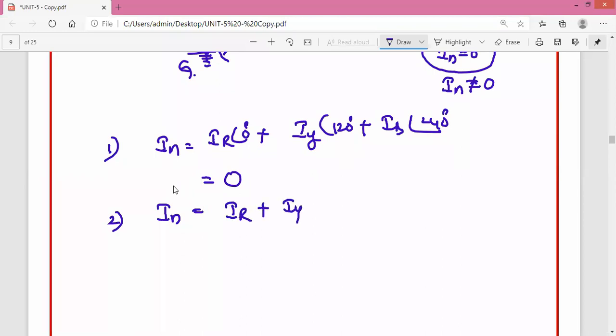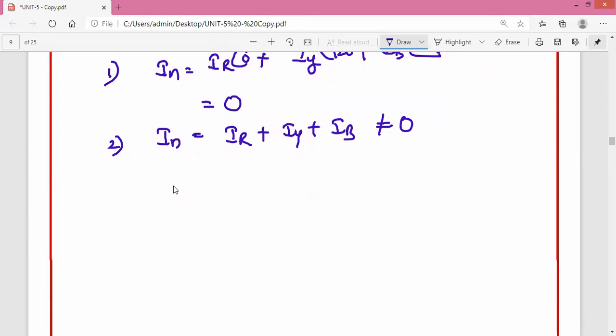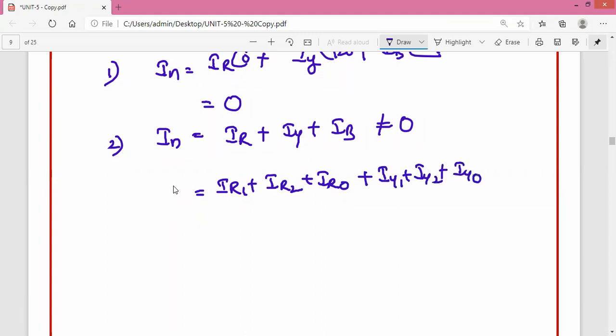So let me take IR plus IY plus IB, which is not equal to 0, right? This is the unbalanced case. I am representing it with a set of balanced parameters for each phase. IR can be represented as IR1 plus IR2 plus IR naught, IY can be represented as IY1 plus IY2 plus IY naught.